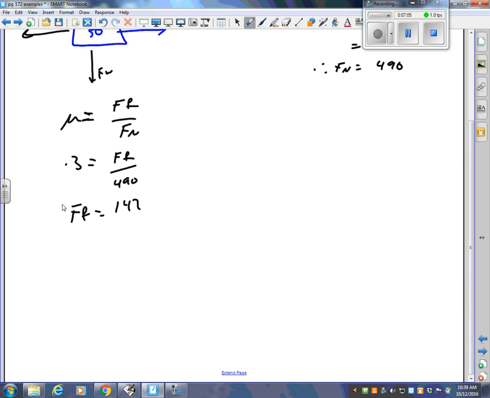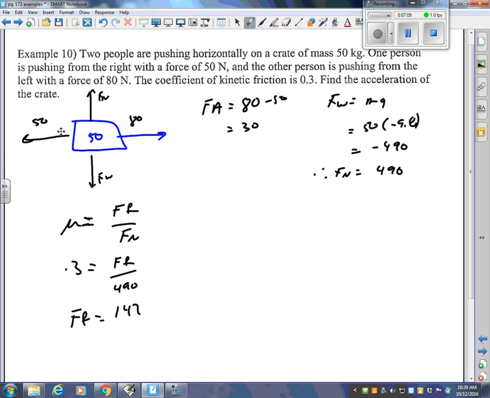Because I've done this question 1,000 times. 147, that would be to the left, but I've only got 30 newtons to the right. So really, what's my net force? The net force is going to be, we'll say, Fa plus Ff, 30 minus 147.